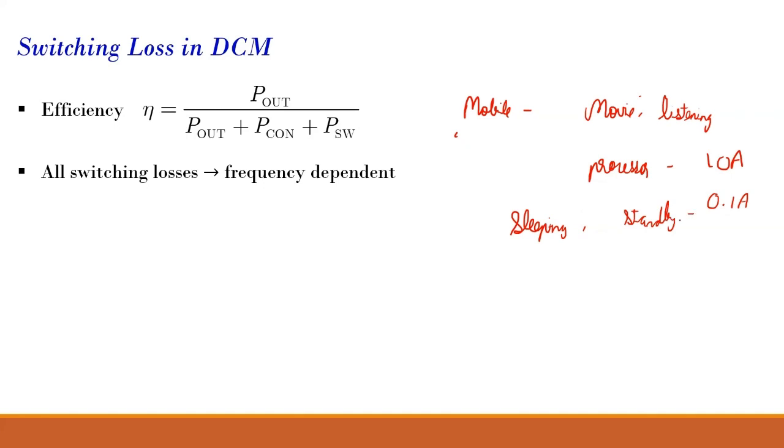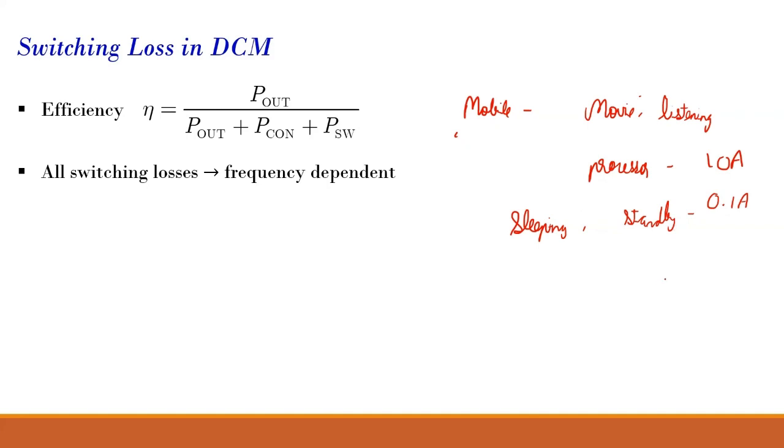Just a very small amount of current for keeping the circuit power, the clocks and timers, all those to be on. It's on standby mode, but still it will draw very light current.